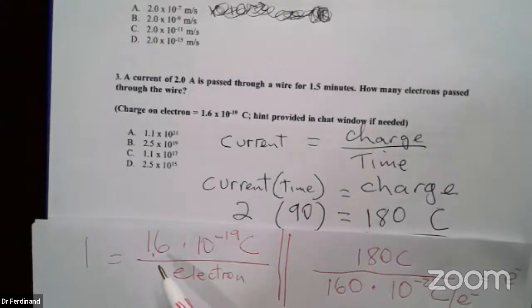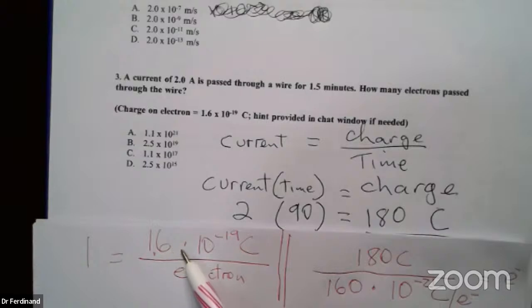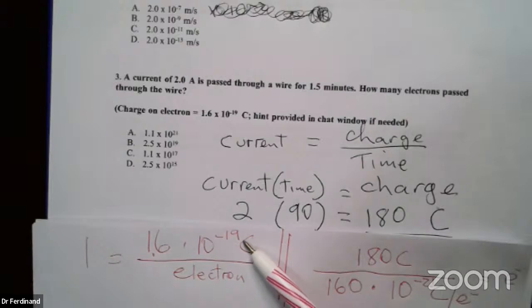And then I changed 1.6 times 10 to the minus 19 to 160 times 10 to the minus 21, because I have 180 over 160, and I know that's very simple math. So I decided to move the decimal over twice, but then if I add here, I have to subtract here. I added 2 spots, so I subtract 2 spots here. Minus 19 minus 2 is minus 21.